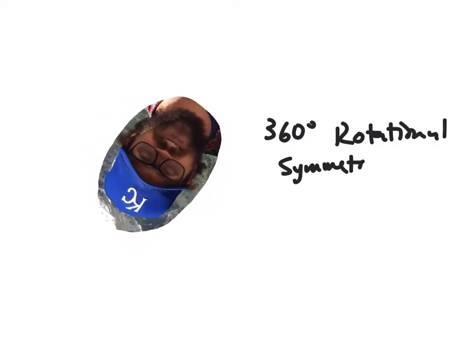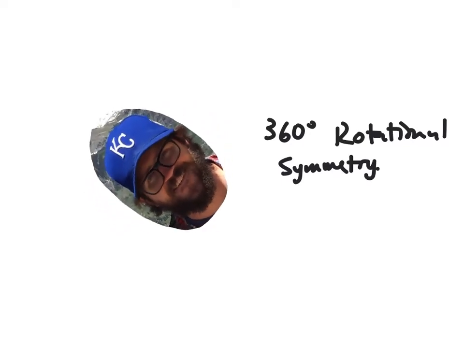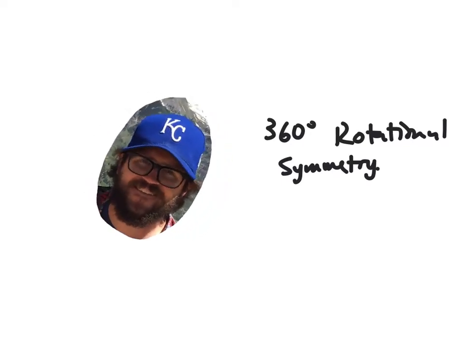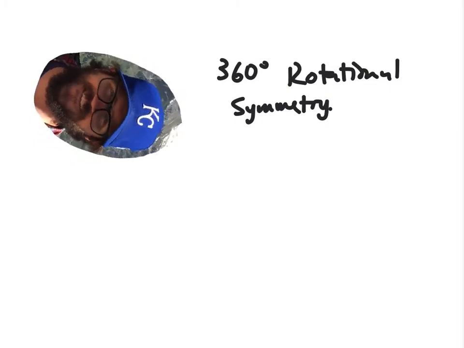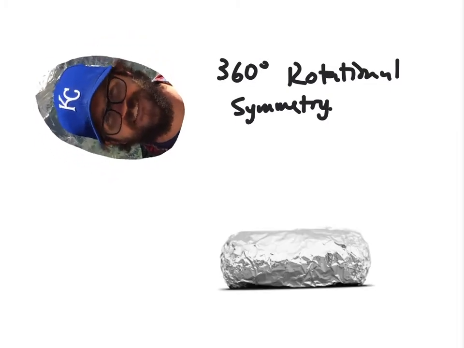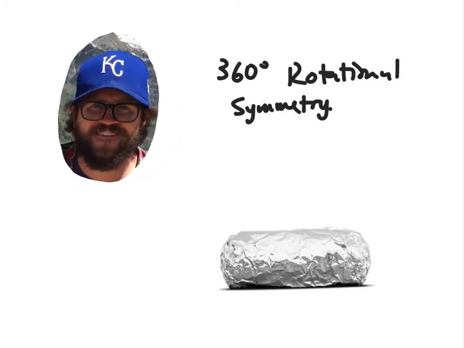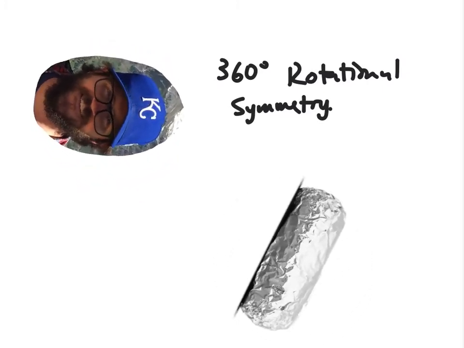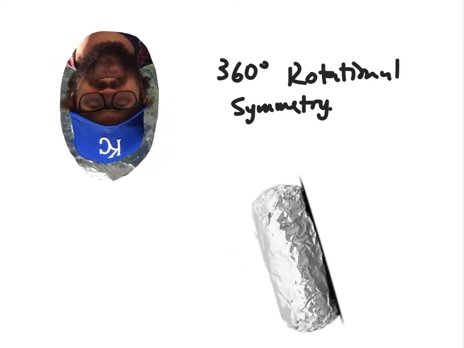And so we're trying to figure out how many degrees you have to rotate something to get it back onto itself. Now if I were to take something like, say, a Chipotle burrito, and rotate the Chipotle burrito around, at what point does that map back onto itself?